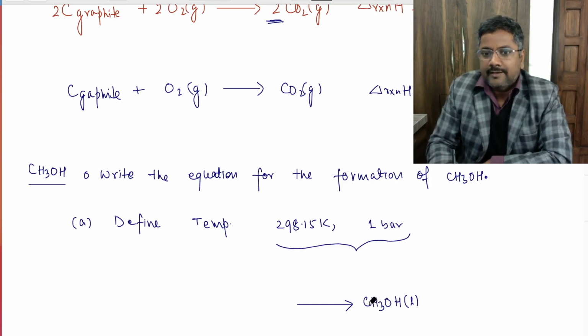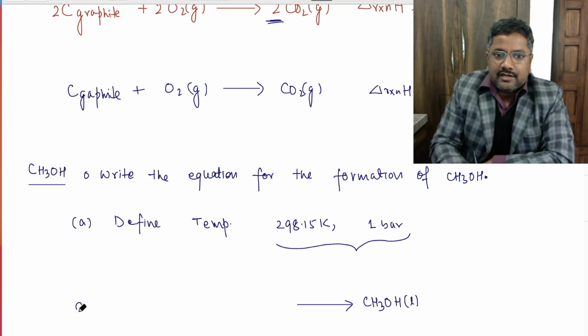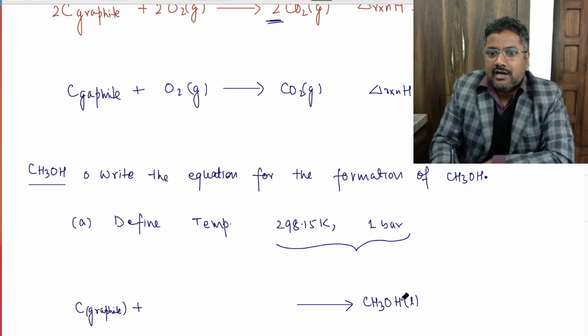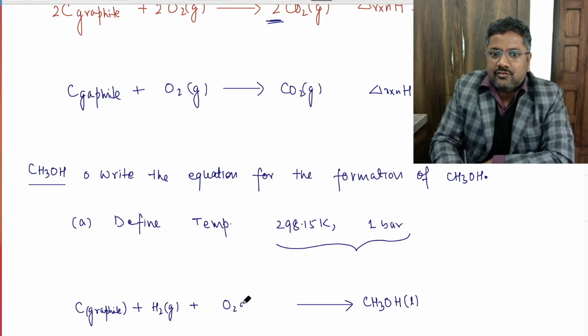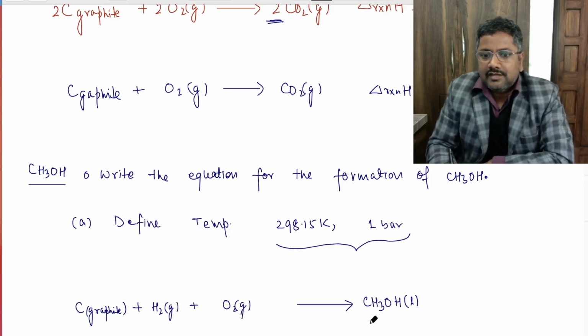So this is okay. Now carbon, you can take carbon graphite. This is the naturally occurring most stable form of carbon, plus hydrogen. The most stable form of hydrogen is hydrogen gas, plus oxygen. The most stable form of oxygen is O2 gas, right?